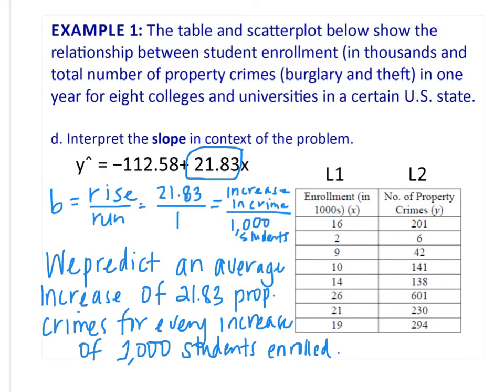So that's how I can interpret the slope using a rise over run format.